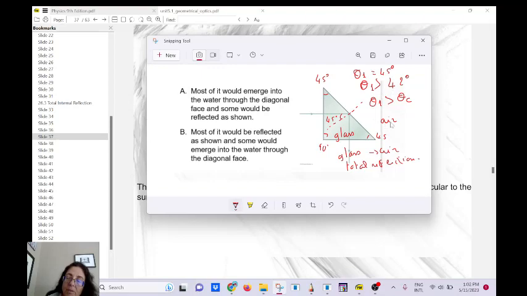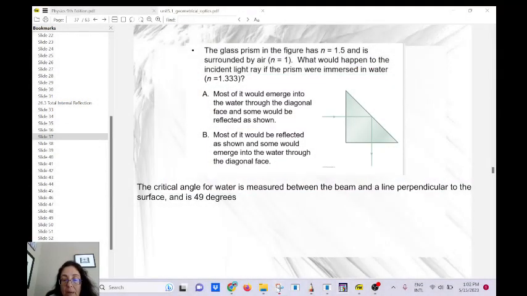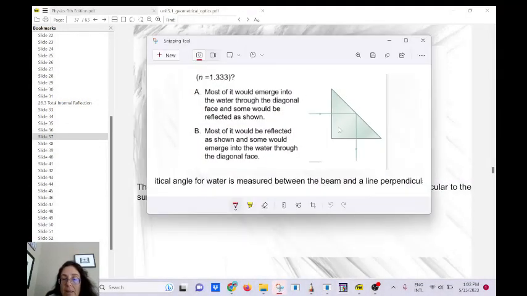But if instead of having air, I now have still glass here, but let's say it's water, so it's 1.33 and this is 1.5. Now the critical angle we said is 62 degrees something.